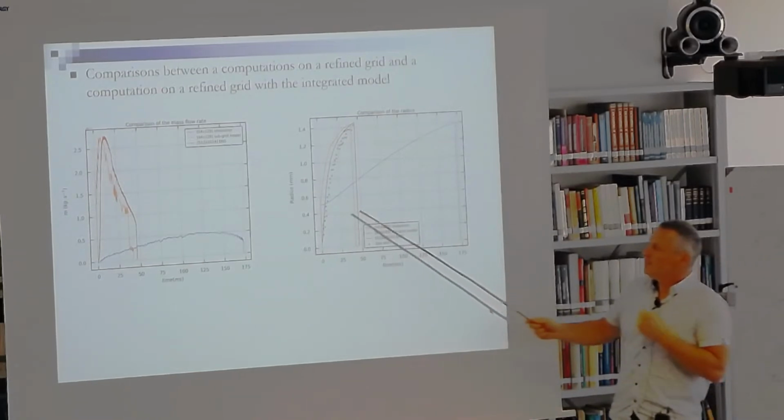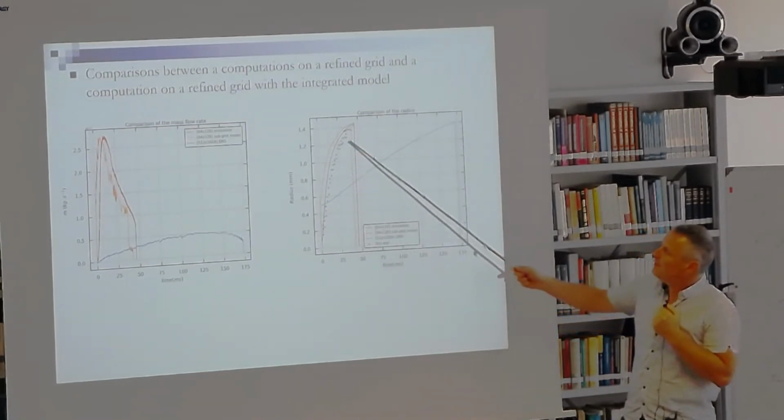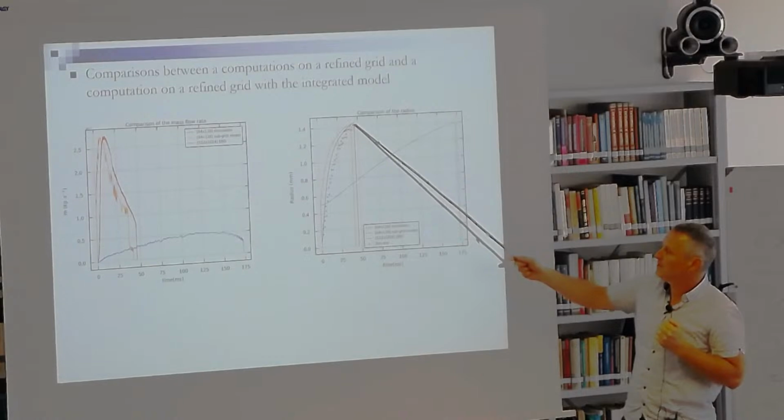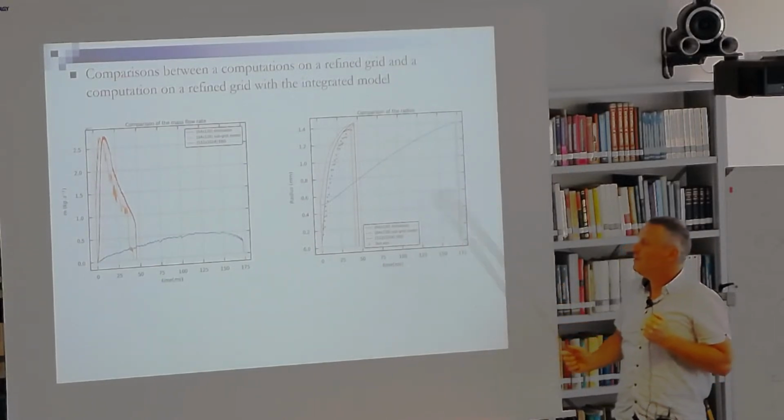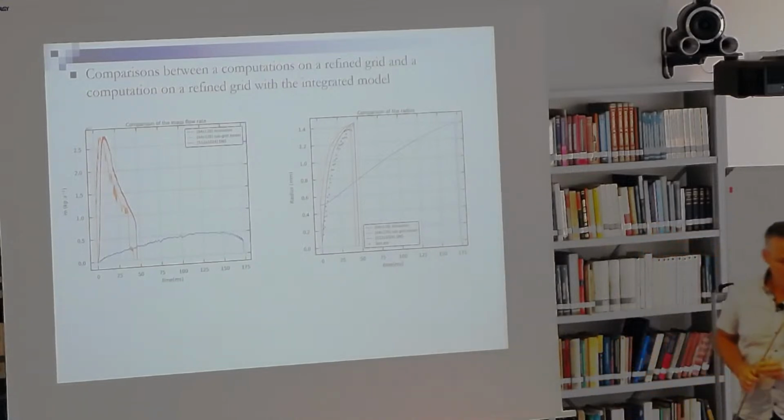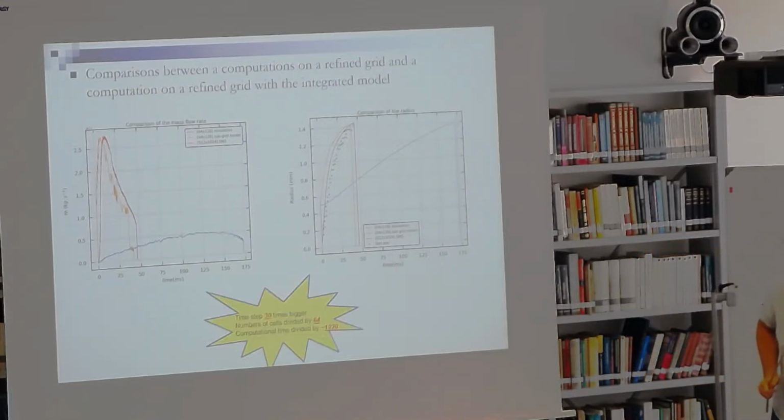For the temporal evolution of the radius, we also have good results in comparison to the well-resolved DNS and to experiment if we use this integrated model with a coarse grid.